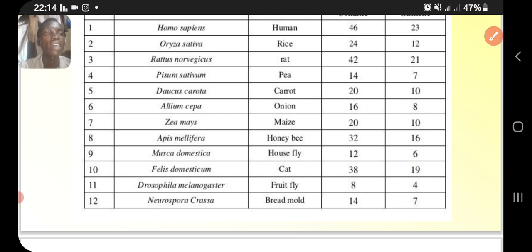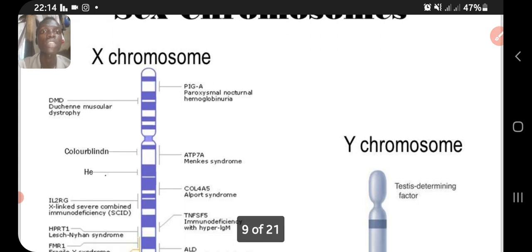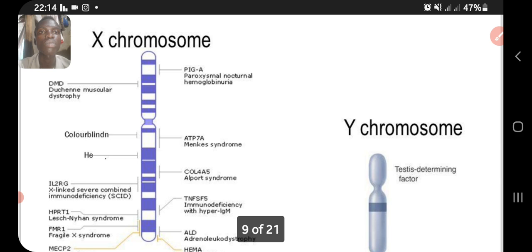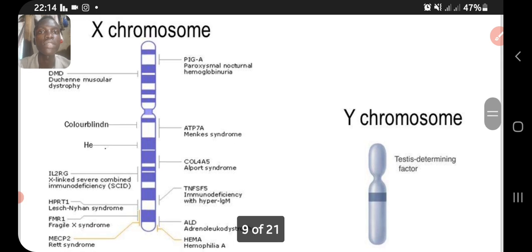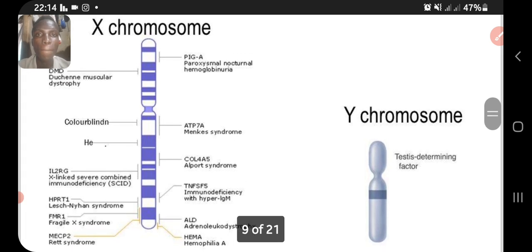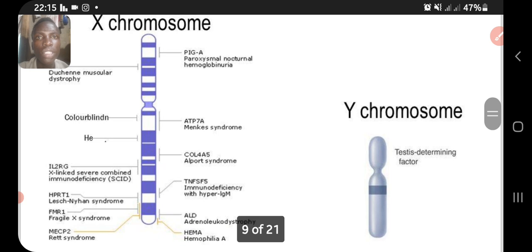And if you have a look at the sex chromosomes, they look like that. The X chromosome right there has these different sections, which is important for you to know, especially if you're a university student, or if you're specialized in genetics, microbiology or whatever.